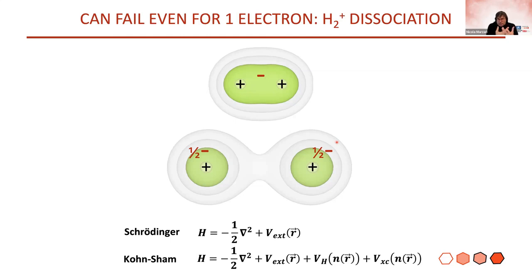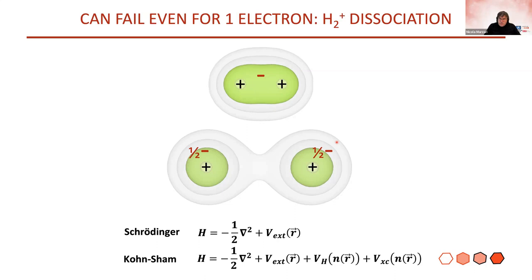And so because of the Hartree self-interaction, the electrostatic interaction of the electron with itself, that VH potential wants to smear out the electron as much as possible. So you dissociate this molecule, and for every distance there is only one lowest energy solution where the electron is smeared out, and by the time you have completely dissociated, you have half an electron on the left and half an electron on the right.